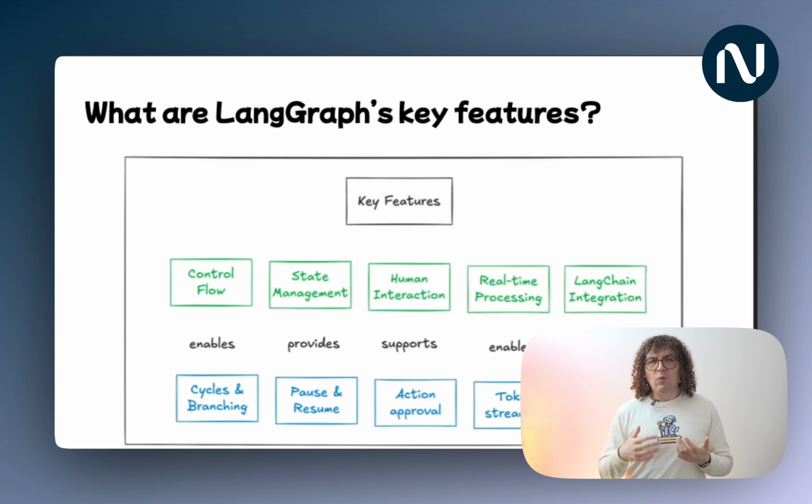So, what are some key features in LangGraph? Well, as it is with any type of framework or software for graphs, for graph processes, we need some control flow, which will enable us to have cycles and branching.